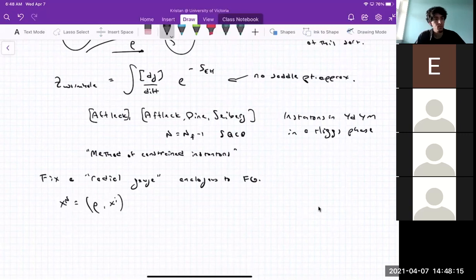And we're going to fix that the metric is d rho squared plus stuff that has no leg along the radial direction.